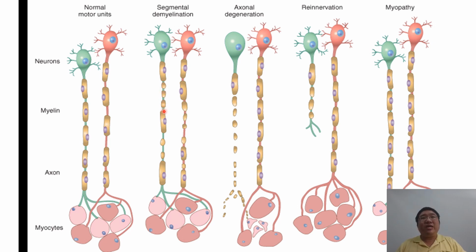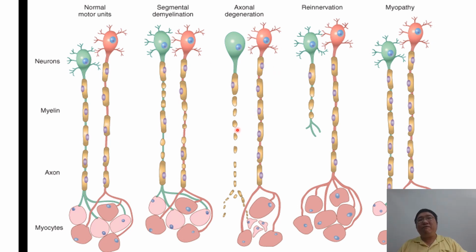The nerve conduction is much slower than normal motor neurons, so the patients may suffer weakness as well. The axon will be degenerated very late. The myelin sheath is destroyed first. So some diseases are like this.